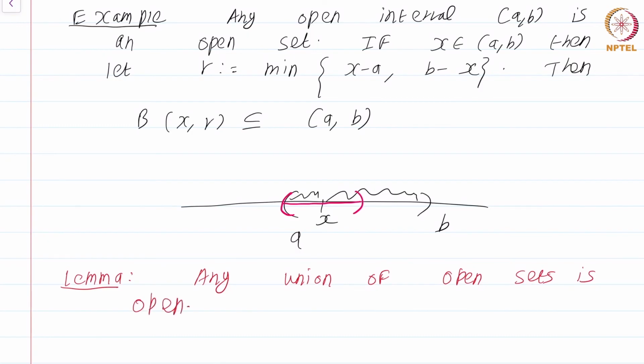It could be you take infinitely many open sets also and take its union, it will still be open. Why is this the case? Well, if you take a point x in this union, it has to be in one of the things which you are taking a union, and that set is open, and that means every point of that set is an interior point, and now you can finish this argument.